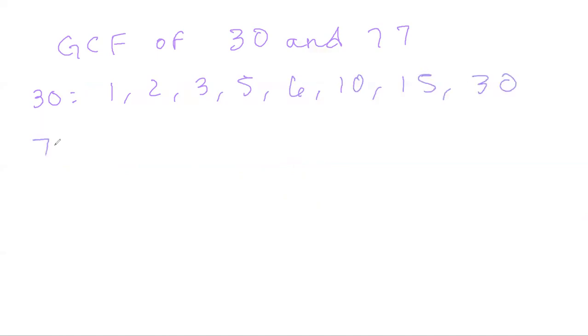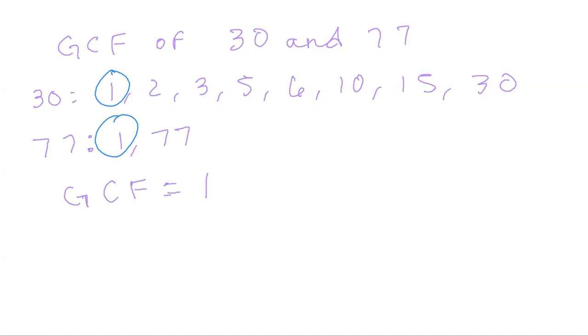Now 77 is interesting because it's a prime number, so I just have 1 and 77. So in this case, the GCF is actually just 1 because that's the only factor that they share. Sometimes they don't share anything, so that's something to be mindful about.